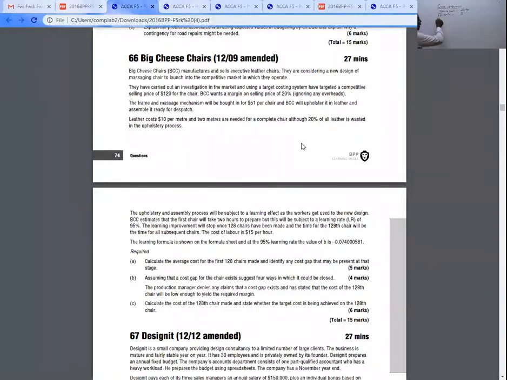So we have leather. 2 meters are needed, but remember these 2 meters are net. So I have to gross up. How do I gross up? By dividing with the net percentage. Net of what here? Waste. So 100% minus 20%. So 2 meters divided by 80%.